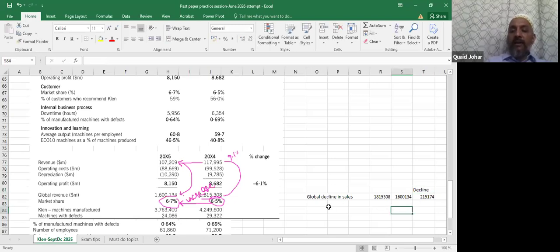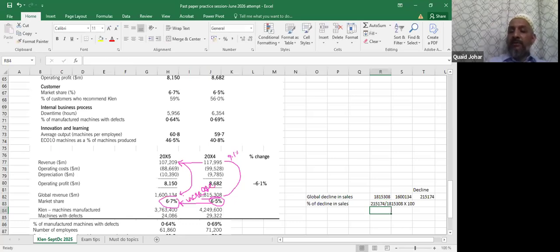Now, the percentage of decline in sales in the global market should be 215,174 divided by the sales in 2004. We will take the previous year sales as a base figure, right? 1,815,308, and then multiply this by 100.